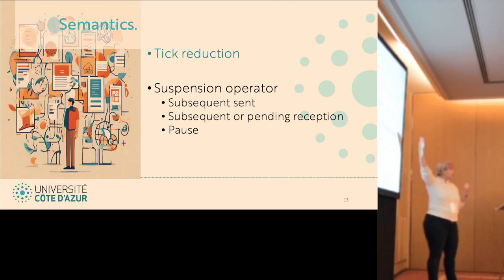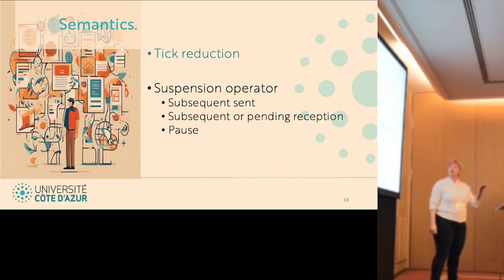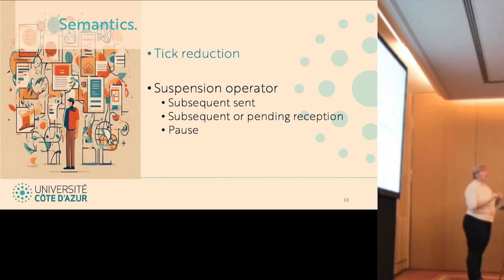This operator will check if there are two subsequent sends, so in that case we are paused, or a pending reception, so we are waiting for a message that is not in the store, or an explicit pause. If we are in one of these three cases, then the whole network of participants is suspended, and therefore we can move to the following instant.